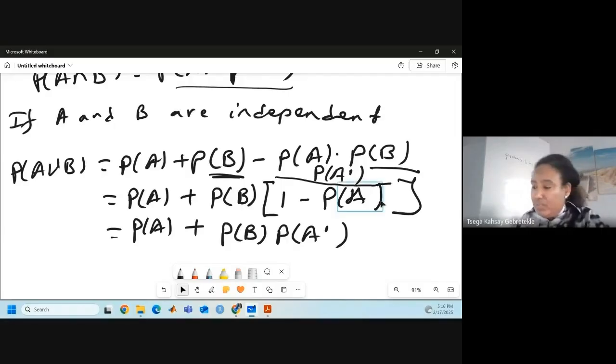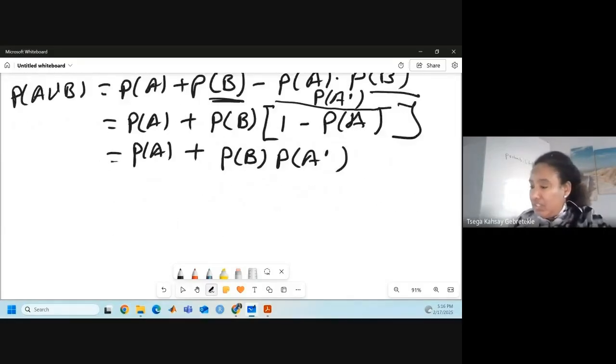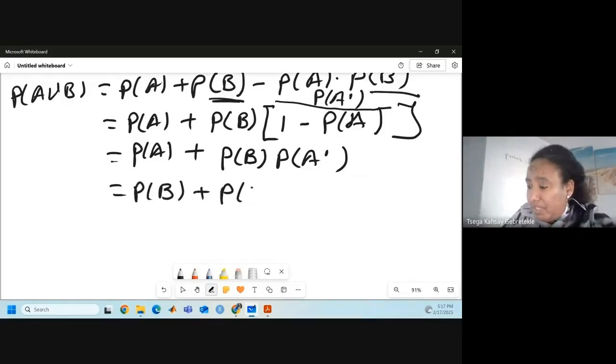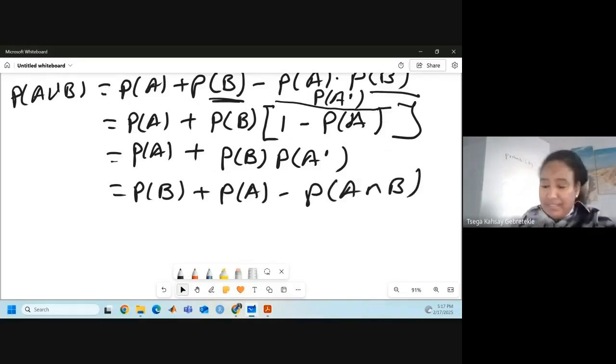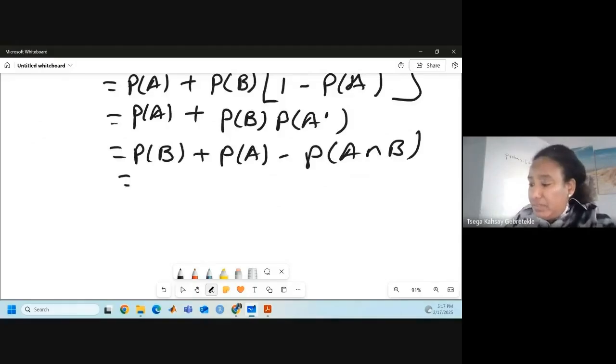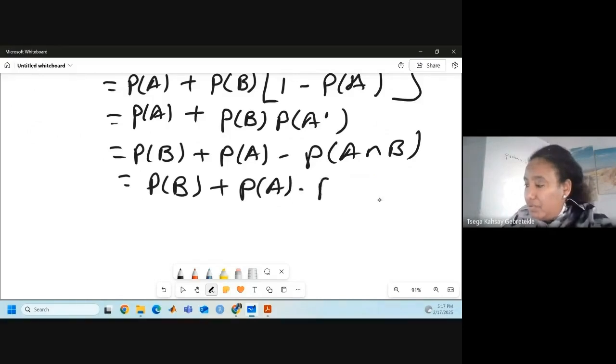So either it will be like this, or, as we discussed about commutativity in the revision of the set theory, I can also write this as probability of B plus probability of A minus probability of A intersection B. If I do it like that, then I will have probability of B plus probability of A times probability of B complement.